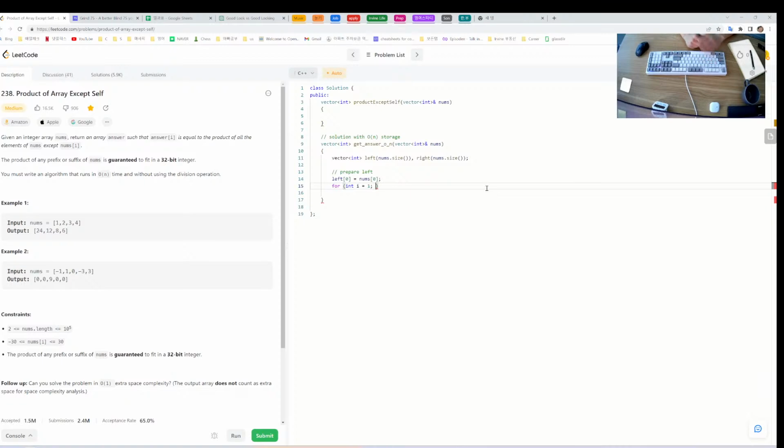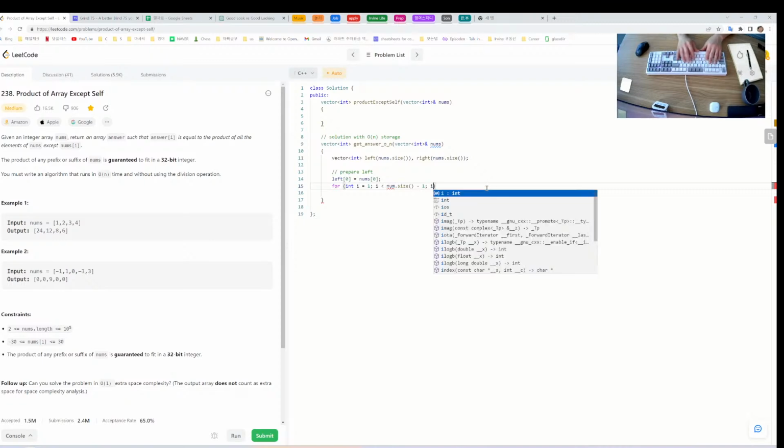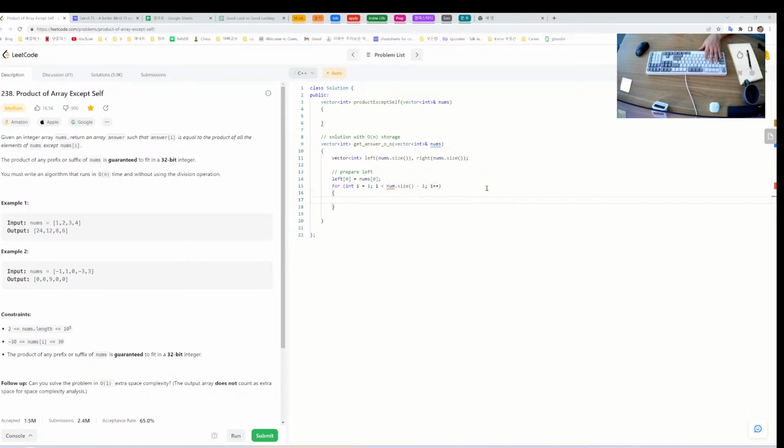So for i is 1, and i is less than nums.size. Actually, we can do it like this, since you don't use the last element, so I will decrease the time a little bit. So left[i] equals nums[i] multiplied by left[i minus 1].